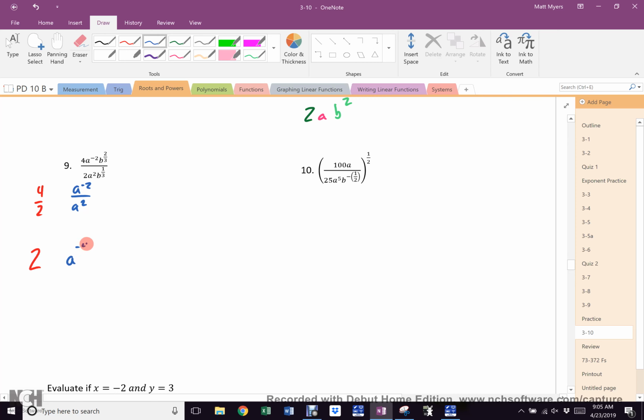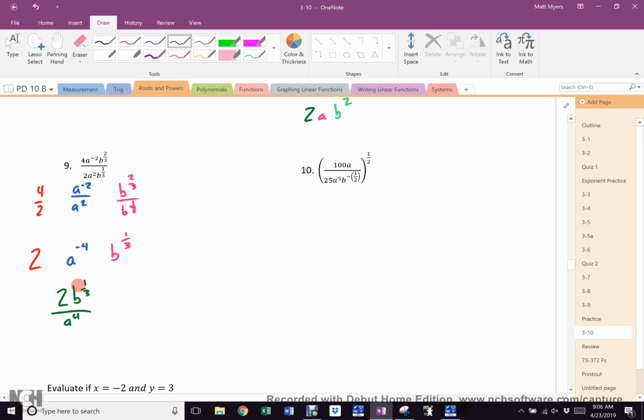To the negative 4. B to the 2/3 over b to the 1/3 is b to the 1/3. What part of that isn't allowed? So 2b to the 1/3 over a to the 4th.